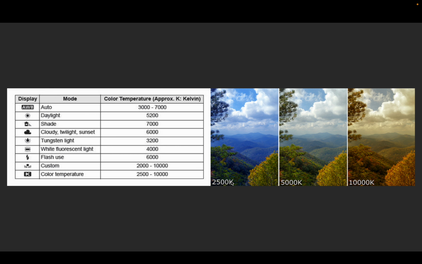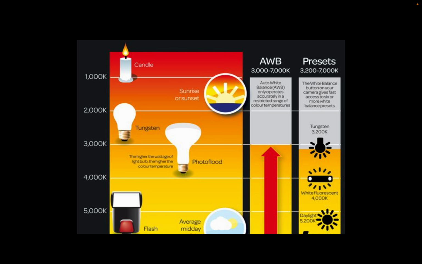Since this environment is kind of in between, when you take it to 10,000K, it turns the image really warm, when actually this number is for a cool day. So, more information here for you to look at.